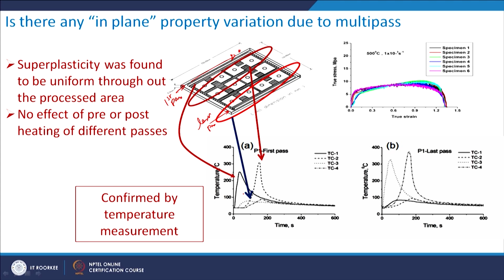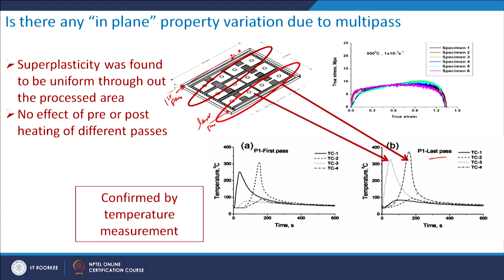So, the effect of the first pass on the other part of the material is very small. Similarly, when you see the last pass, the temperature rise in the thermocouples placed here is around 300 to 400 degrees Celsius. But the temperature rise in the thermocouples placed here is very small, less than even 100 degrees Celsius.